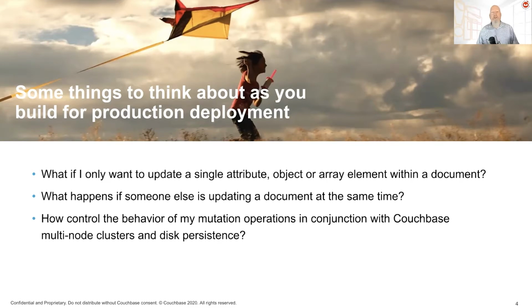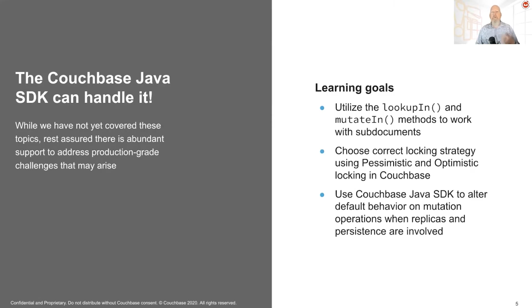for our various mutation operations. Regardless of any of these challenges that we've discussed, realize that the Couchbase Java SDK is able to handle those scenarios. We've got the capability in the SDK natively to be able to solve these and many more problems as well. So the goals of this particular session will be to understand a couple of new methods on the collection called LookupIn and MutateIn that'll allow us to work with subdocuments.